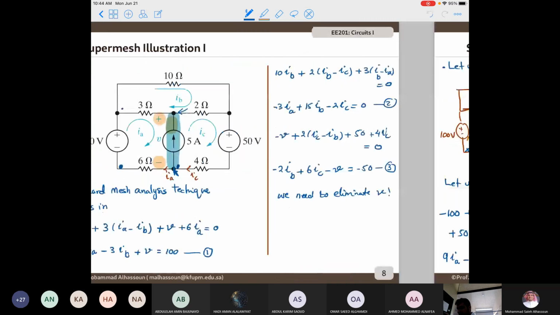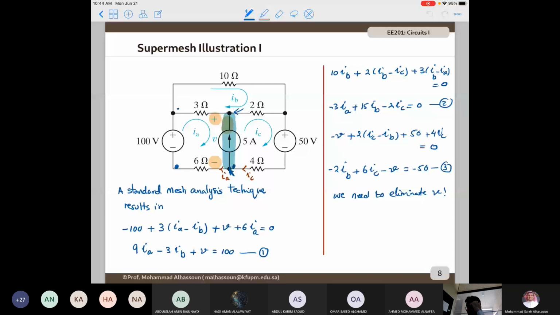Going back to this, just to remind me of something. You will see here, Hadi, that this current source is between the mesh currents IA and IC. So it should be a function of IA and IC. It shouldn't be a function of IB. So if you apply KVL, this will be the total current IC minus IA.